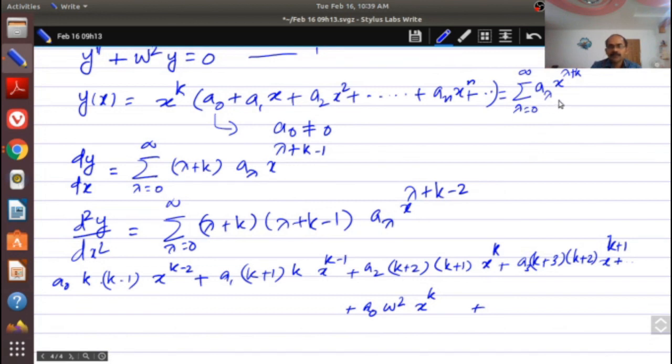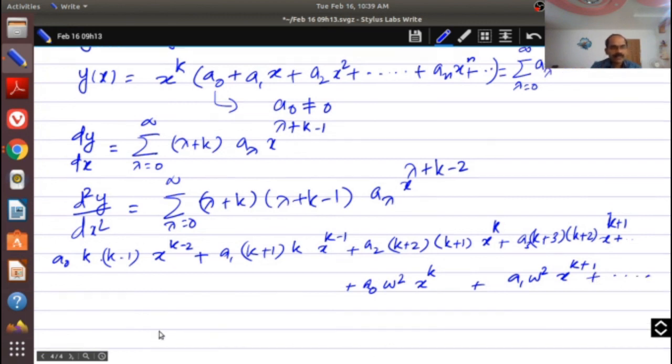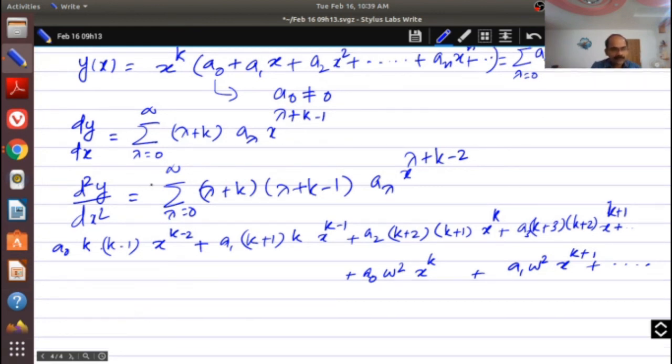When lambda equal to 1, I have a1 omega squared x raised to k plus 1, plus etc. Now obviously there are no terms with x raised to k, so to match you can write 0 into x raised to k minus 2 plus 0 into x raised to k minus 1.